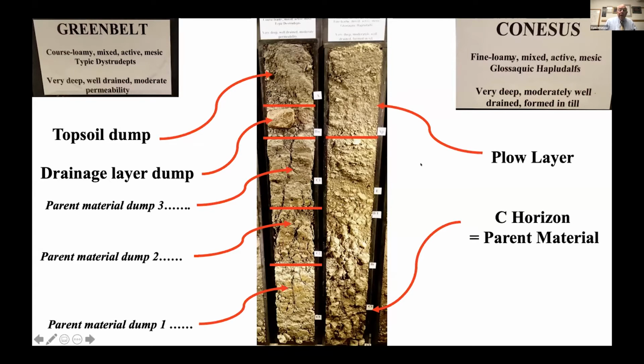We then have a second dump on top of that, and then on top of that, a third dump. And then in the top 8 to 10 inches, we have a drainage layer dump that has larger rock components in it. And then finally, a thin veneer of topsoil. This is a very different kind of situation than we might expect to see, even in a highly disturbed agricultural setting.